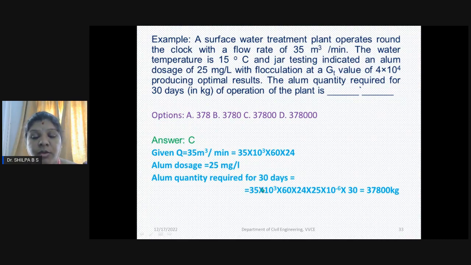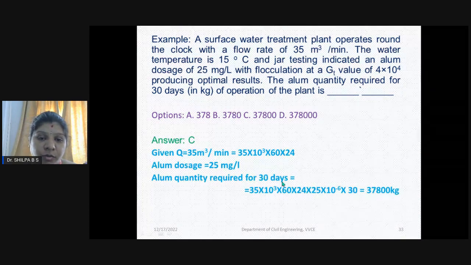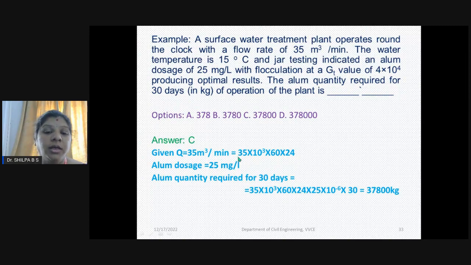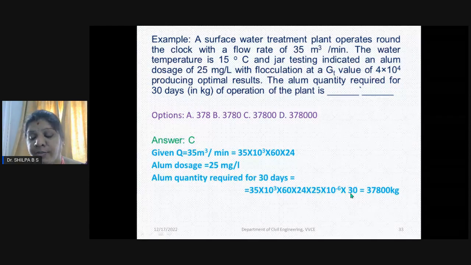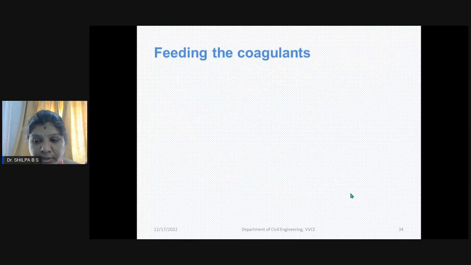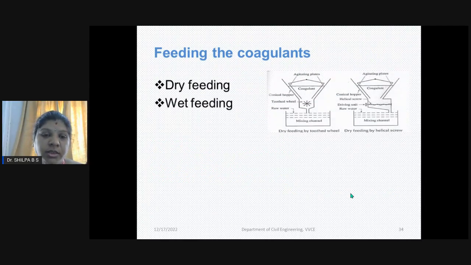Since we require it for 30 days, not just one day, because the flow rate and alum dosage given depend on the quantity of water, and this is the water required per day, we calculate per day if we multiply these two. Since we need the monthly requirement, we multiply by 30. So we will get the answer as 37,800 kgs.